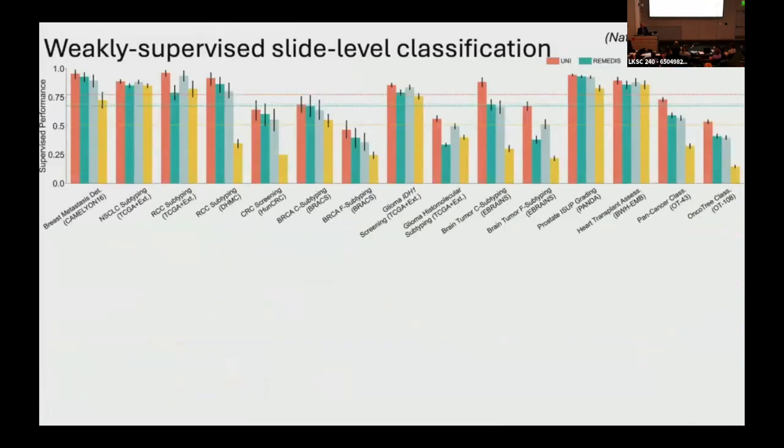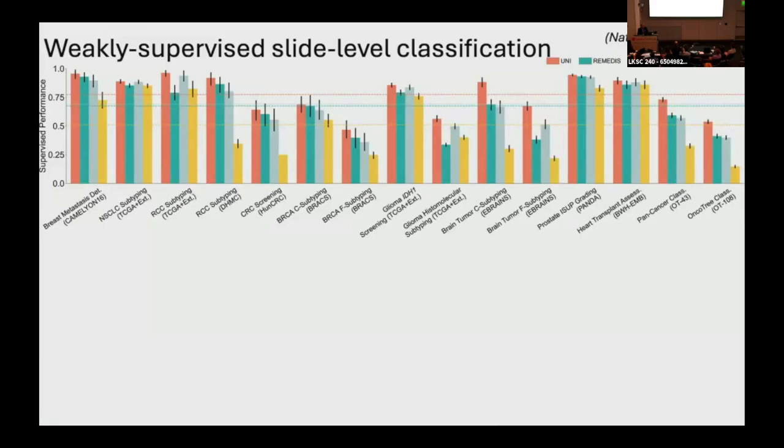These bar plots really show what the performance gains were for a lot of these slide-level tasks. It has all the commonly used benchmarks in computational pathology, ranging from the Camelyon16 challenge, which was breast cancer metastases detection, to renal cell carcinoma subtyping, breast cancer subtyping, and more challenging tasks like coarse-grained brain tumor classification, and so forth.